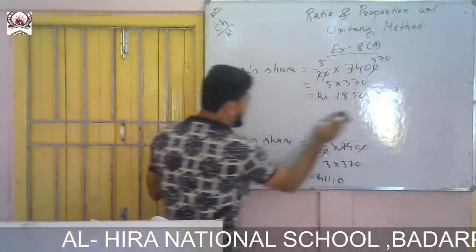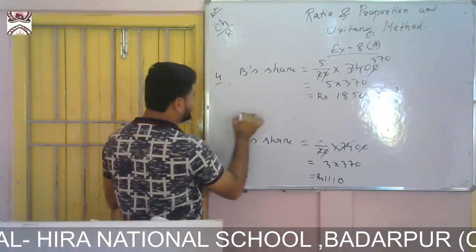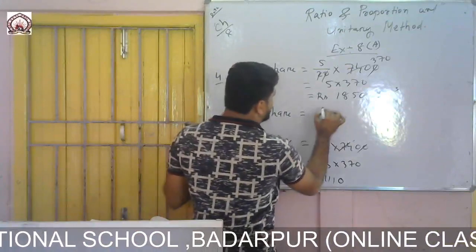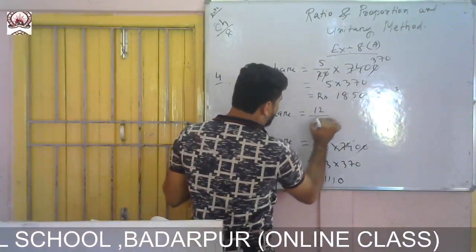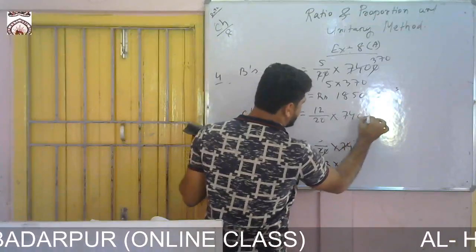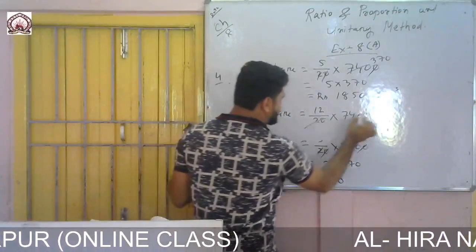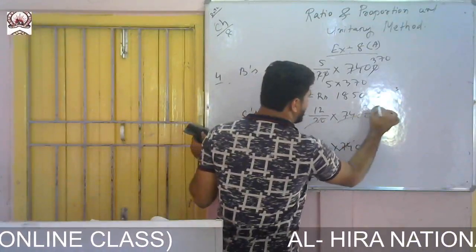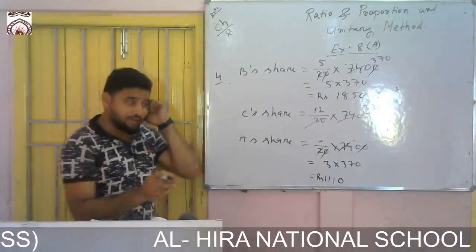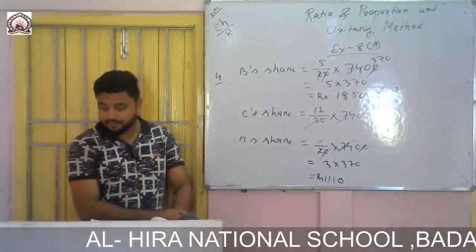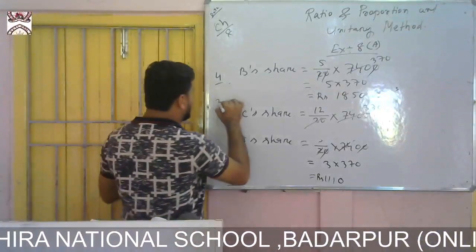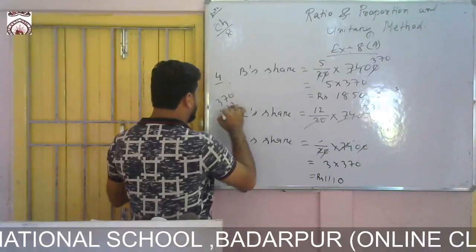Now C's share. It is 12 by 20 into 7400. So we are cancelling, 370. Now multiply this by 12.